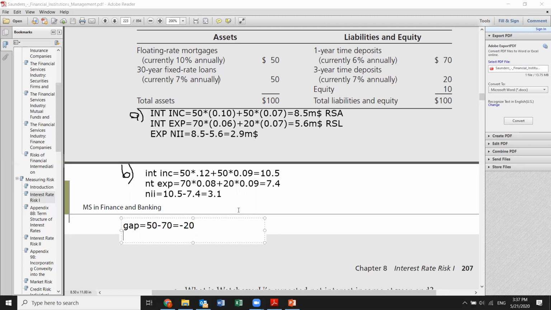What will be the change in net interest income? It will decrease. We should multiply by 2.